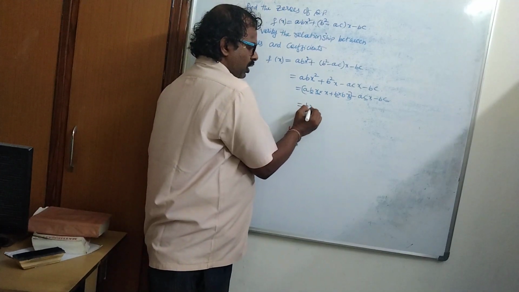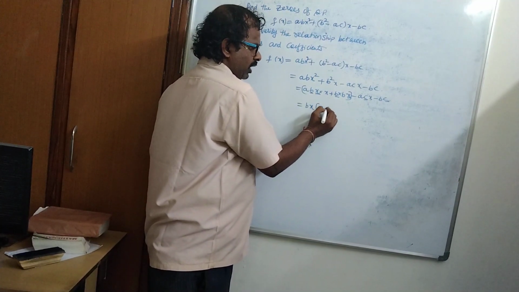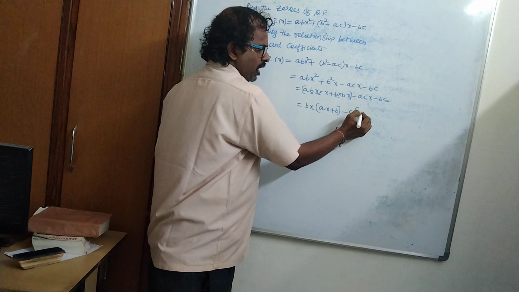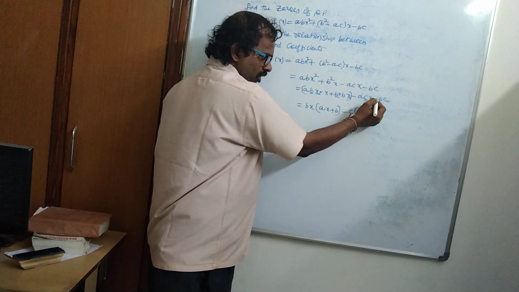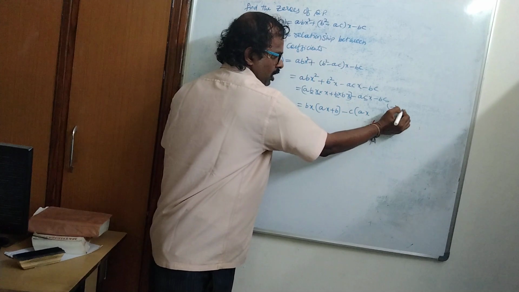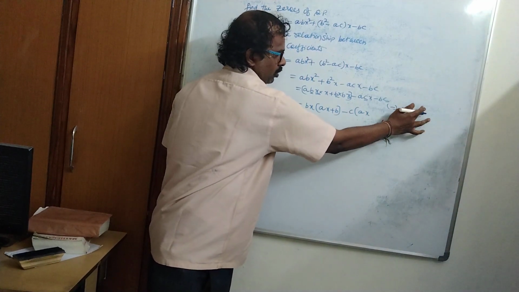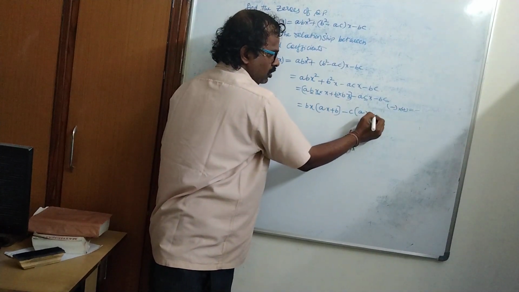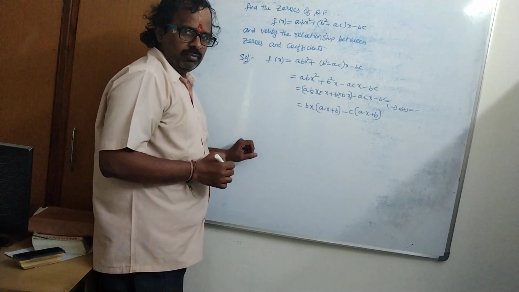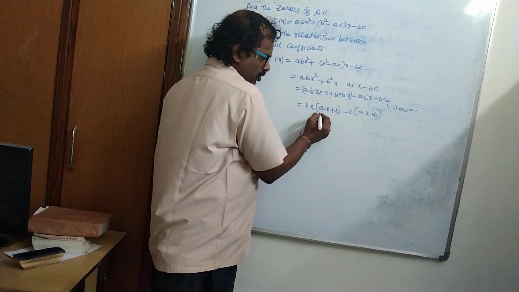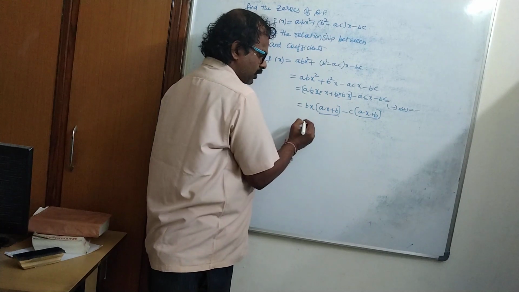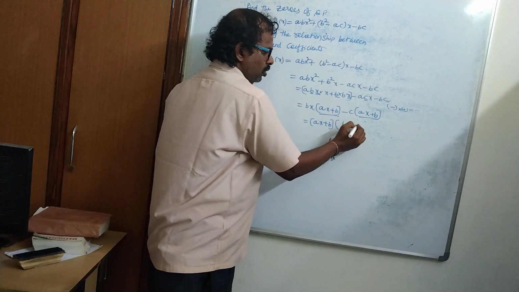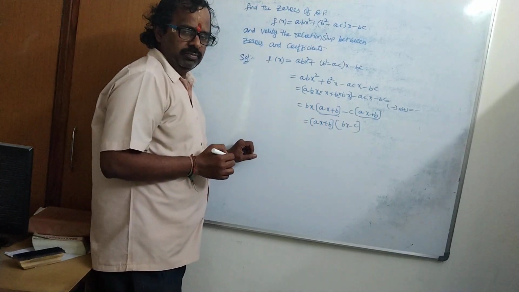Take bx common, so what do we get? ax plus b. Minus, take c common: when you take minus c, the leftover is plus, so ax plus b. Now again from these two terms, ax plus b is common: ax plus b into bx minus c.